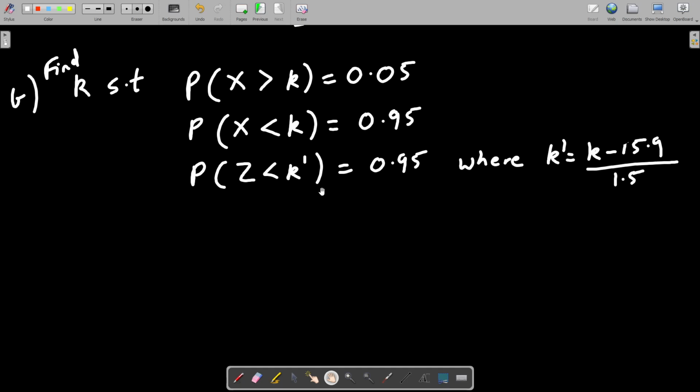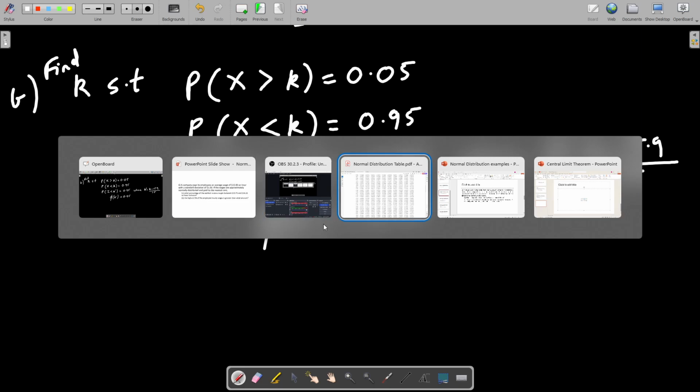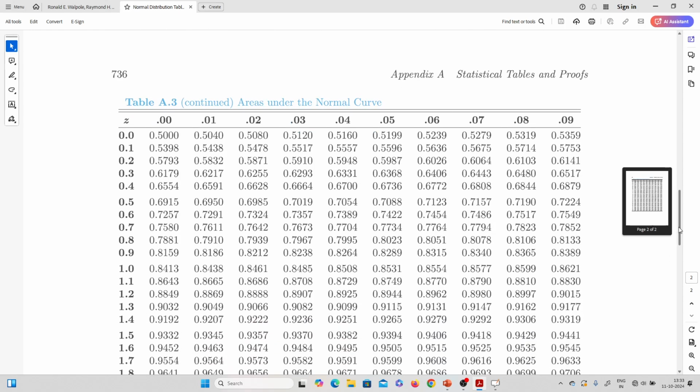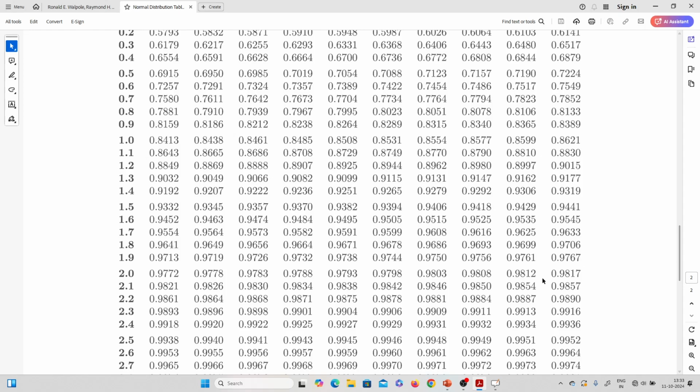Now let us look at the table and try to find this value K dash. In other words, phi of K dash is equal to 0.95. So I have to search for a number close to 0.95 over there. There are two numbers, 0.9505 or 0.9495. You can go for any one. I'll prefer to go for 0.9505.